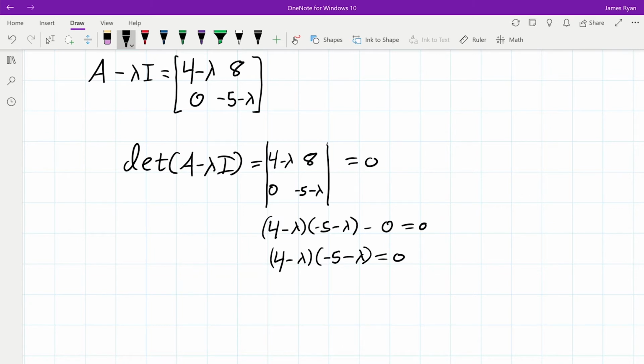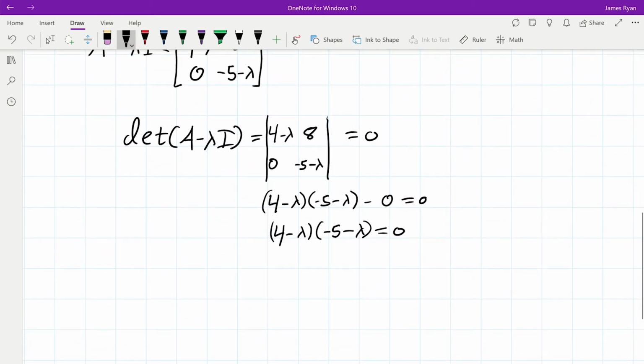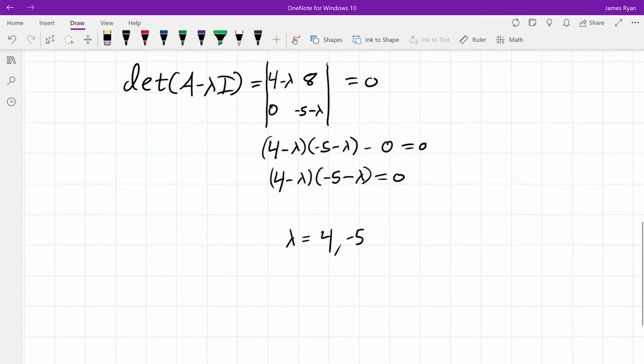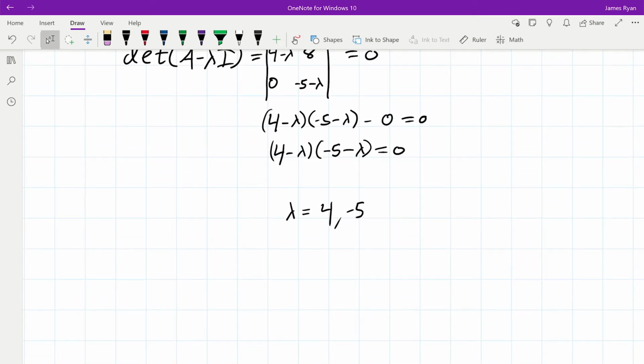So then either 4 minus lambda is 0, and so lambda is 4, or negative 5 minus lambda is 0, so lambda is negative 5. So lambda is either 4 or negative 5, and actually both 4 and negative 5 are eigenvalues. So I will call 4 lambda 1 and negative 5 lambda 2. That's important because we need to associate each eigenvector with its own eigenvalue.